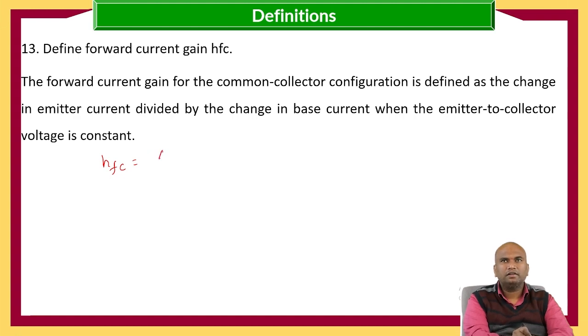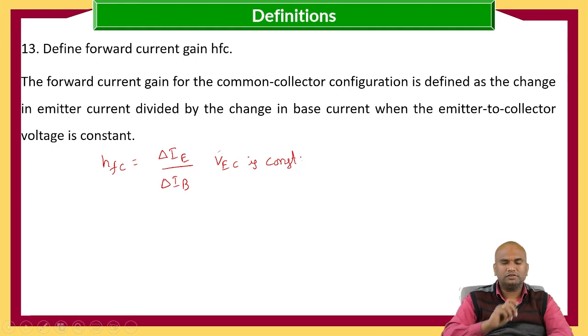So it is the change in emitter current delta IE by the change in base current delta IB, when the VEC value is constant.